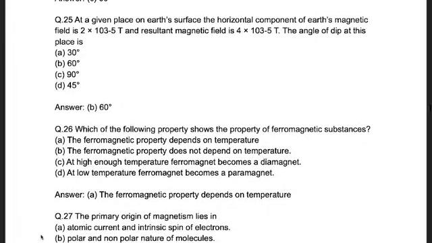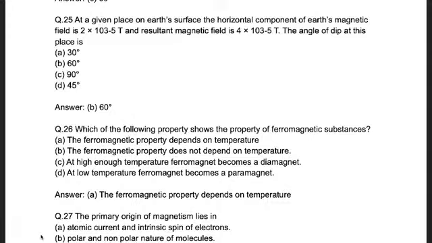Question number 27. The primary origin of magnetism lies in A. Atomic current and intrinsic spin of electrons. B. Polar and non-polar nature of the molecule. C. Pauli exclusion principle.